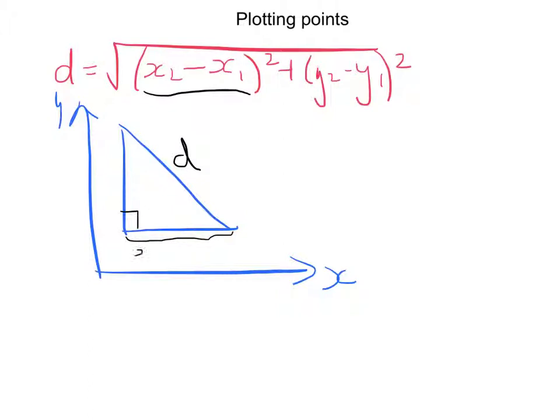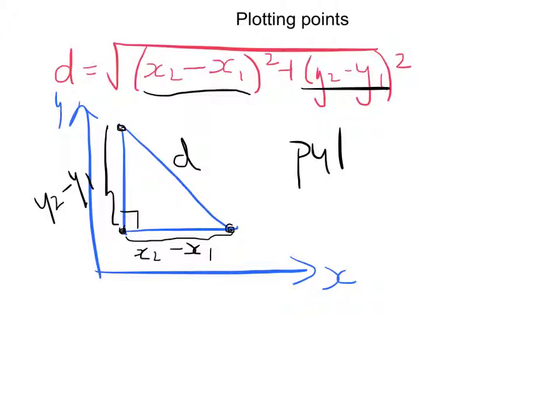So this is x, the difference between x, the second coordinate and the first point. So this and here, yeah? And same with this. I'm going with the difference from here to here. So this is my second part. This is my y2 minus y1.